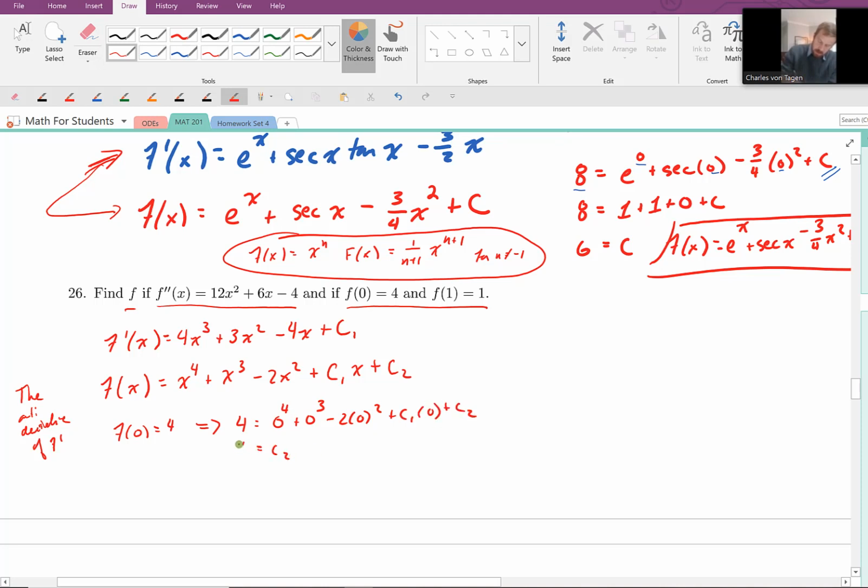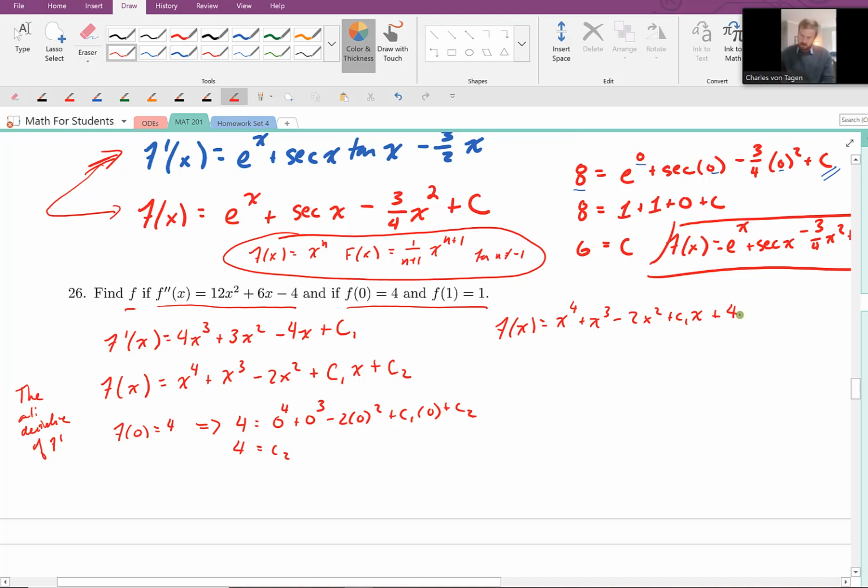So that would mean that c2 is equal to 4. So we know what c2 is. Now let's go ahead and see here. Well, we could restate f of x now as x to the fourth plus x cubed minus 2x squared plus c1x plus, instead of c2, I've learned that that needs to be 4.